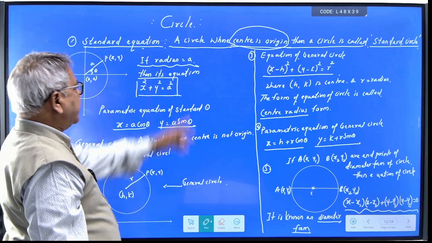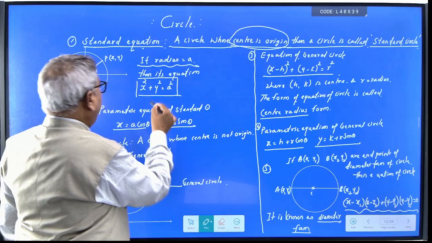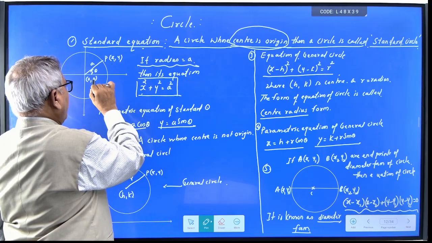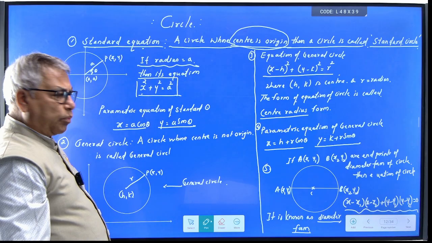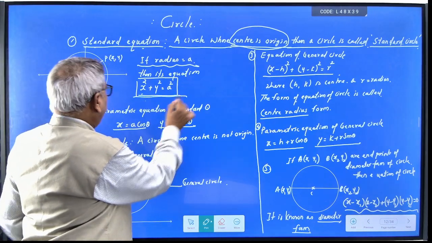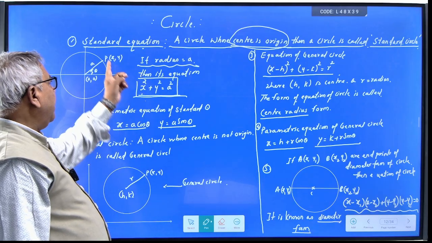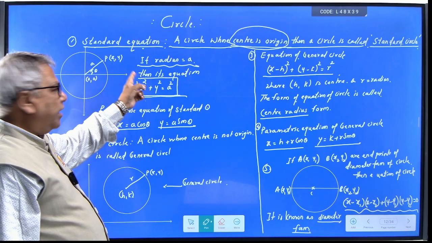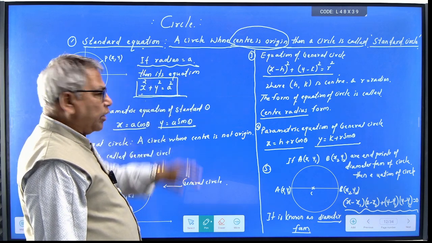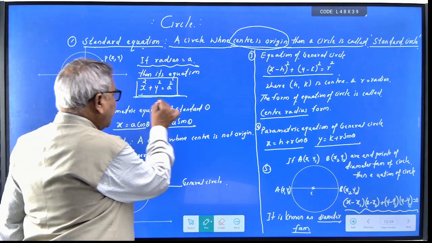If we take the radius equal to a, then its equation becomes (x minus 0) squared plus (y minus 0) squared equal to a squared. Using the distance formula, let P(x, y) be any point on the circle. So x squared plus y squared equals a squared.